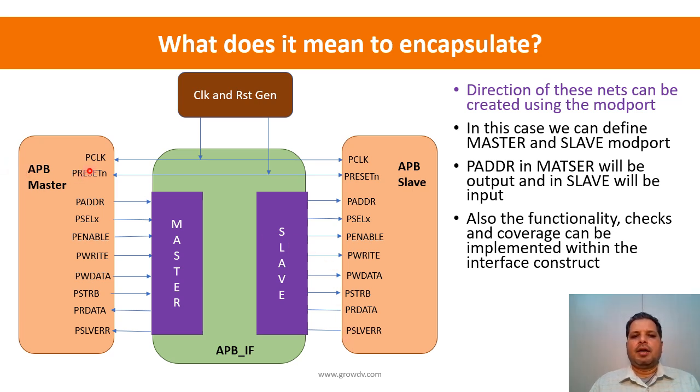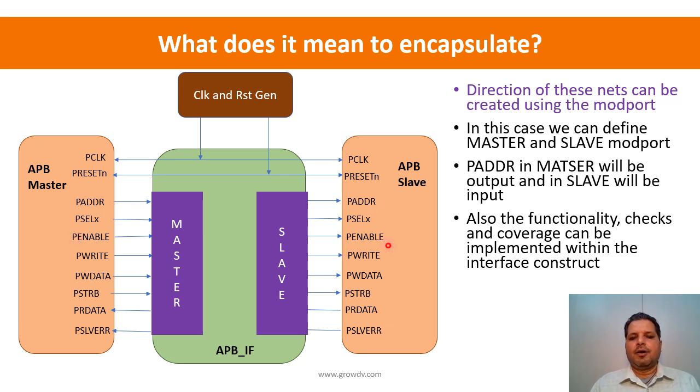Let's say P clock and P reset N would be inputs on both modules, whereas P address will be output from the APB master module and input to the APB slave module. Then if I were to hook them up at some top, I would have declared wires and connected these ports between the APB master and APB slave the way I had shown in the previous slide.